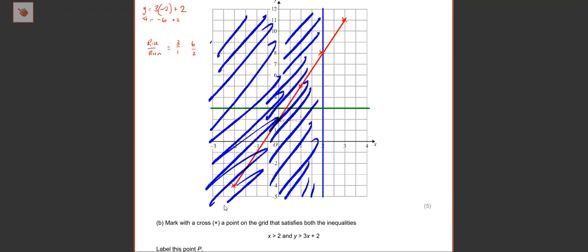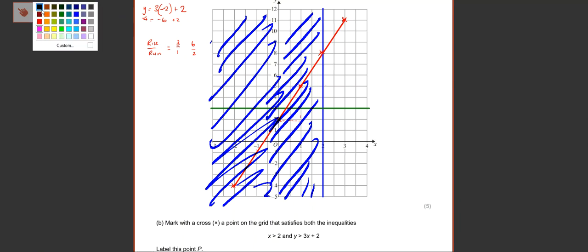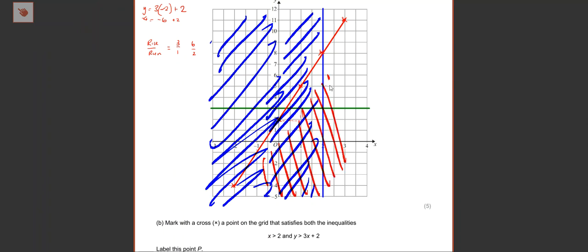Now you don't have to shade, I'm just doing it to show you. And then y must be greater than 3x plus 2, therefore I've got to use above this red line. So all of this is now out of action. So the only area that I can use is up here.